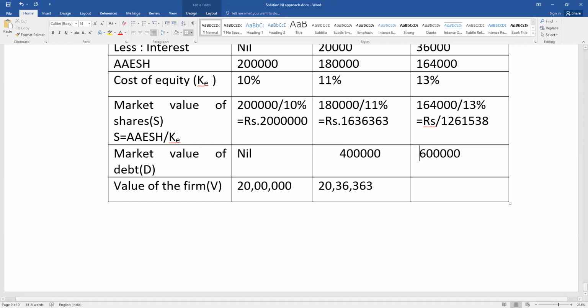And coming to the last plan, you have 12 lakh 61,538 plus 6 lakh, which is 18 lakhs 61,538.